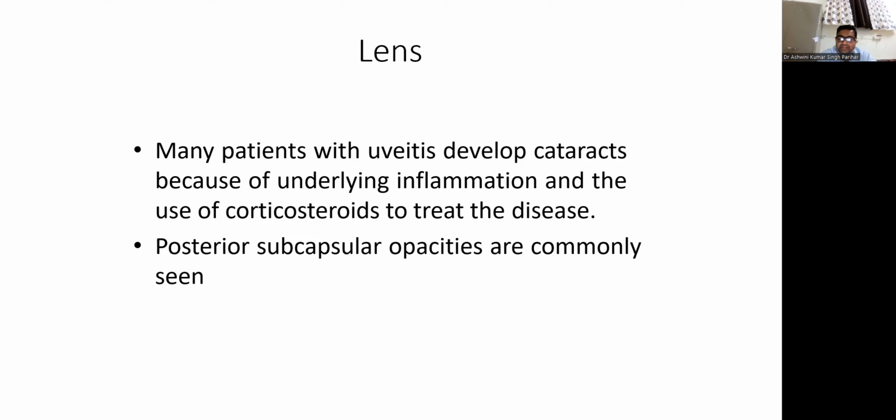You can use Mydriasert if possible, iris hooks, BSX rings, Malyugin rings. All these rings are there to make the pupillary dilatation adequate, so that we can perform the cataract surgery much more comfortably. You can see how complicated it is.